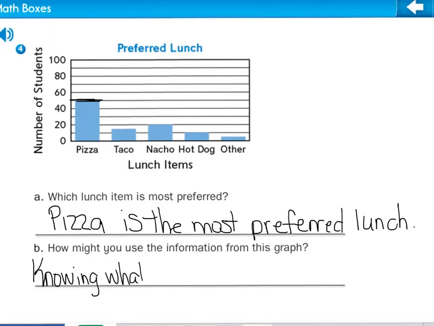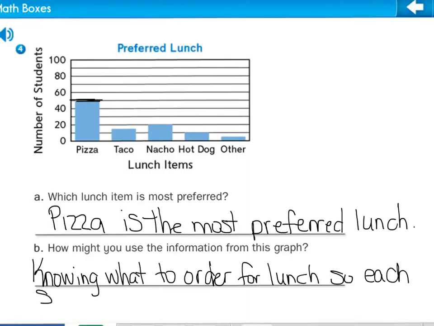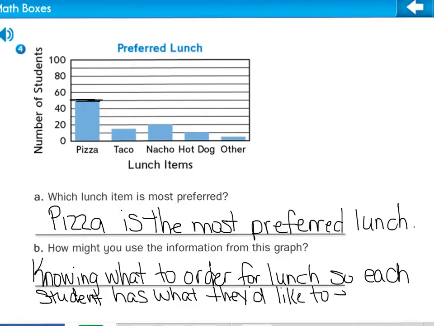So each student has what they'd like to eat. Obviously, on a pizza day, you don't want them running out of pizza. Okay, so number 4.